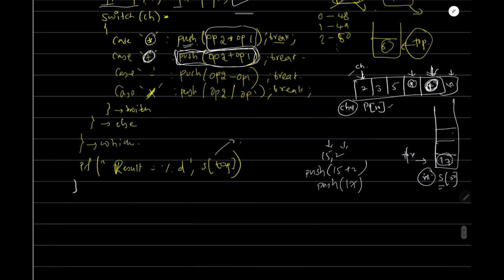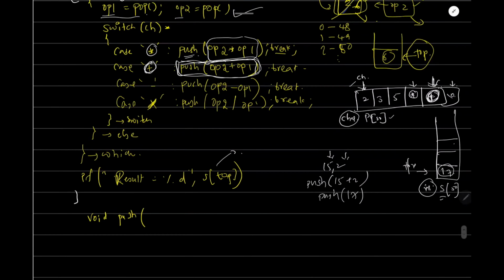So now we will be writing the code for this push and pop operation. So void push. For push, we are sending some character ch.